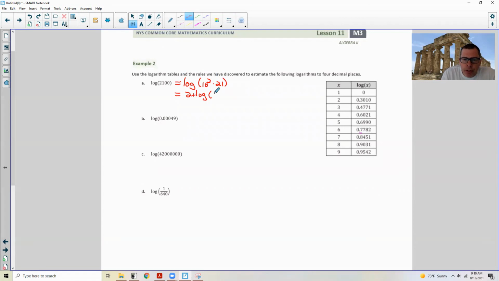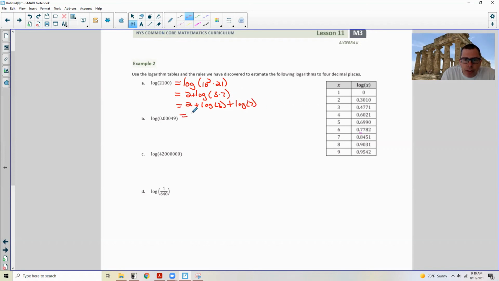Well, what is 21? 3 times 7. Okay, so then I can rewrite that as 2 plus the log of 3 plus the log of 7.